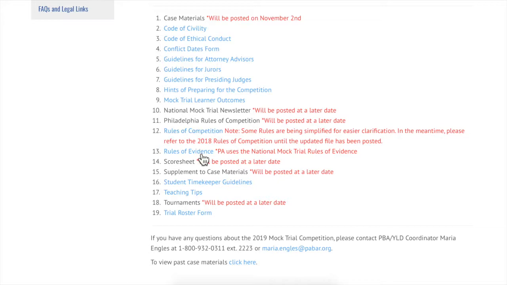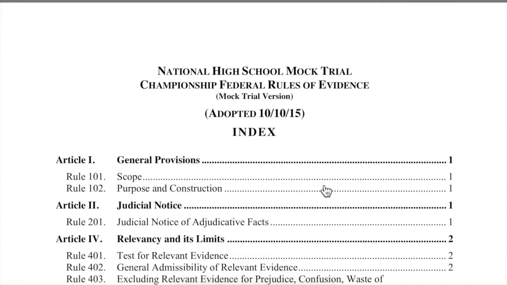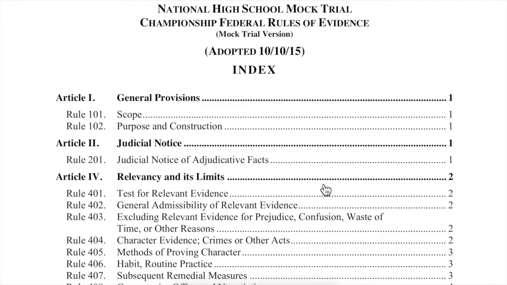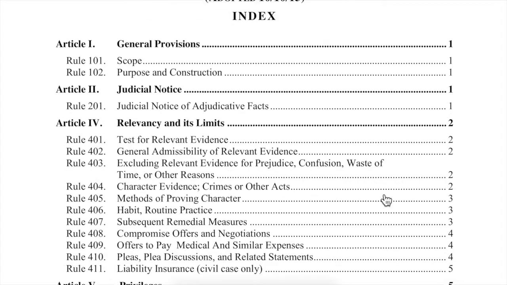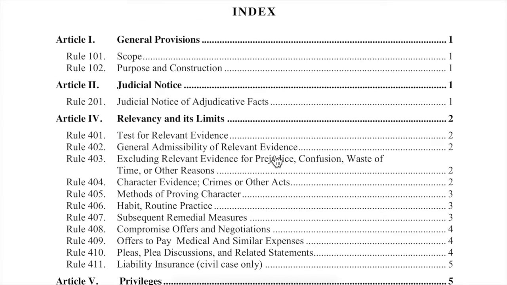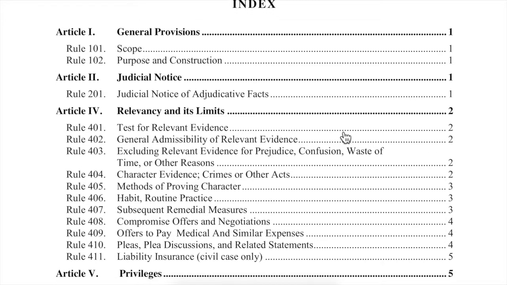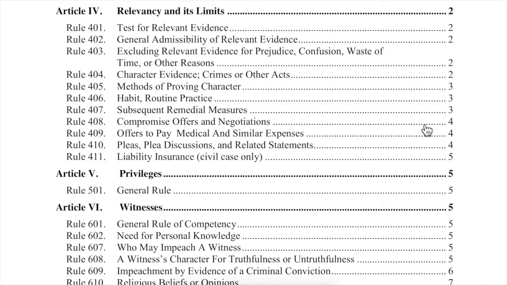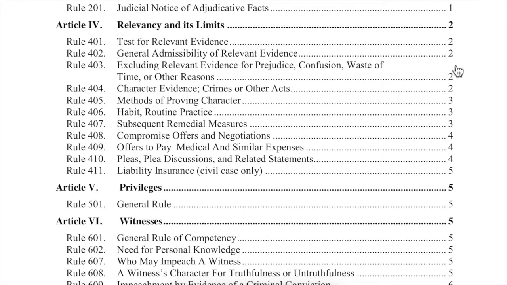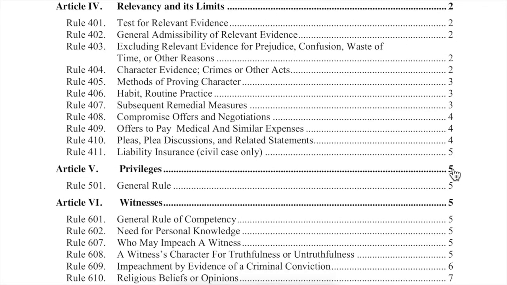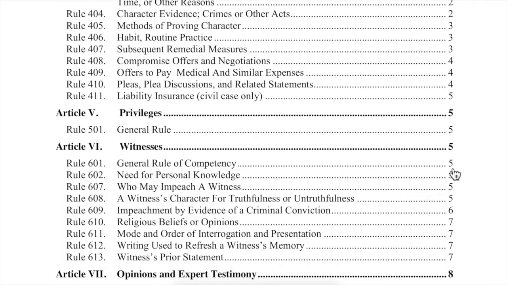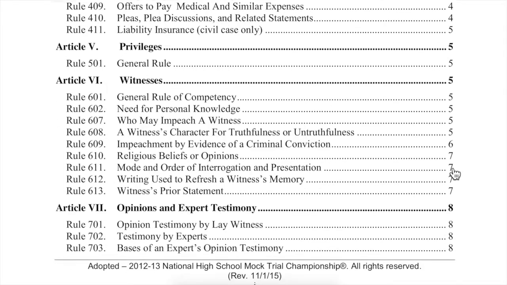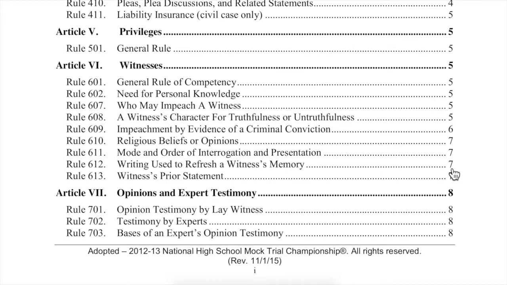The next section is the rules of evidence. The important sections are the 400 level, the 400 rules, which is relevancy and its limits. The next important section is the 600 section, the 600 rules, which relate to the witnesses for impeachment.